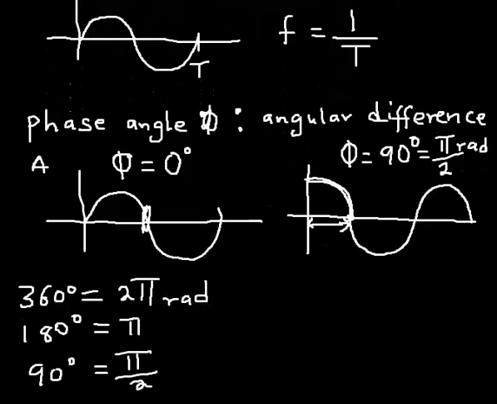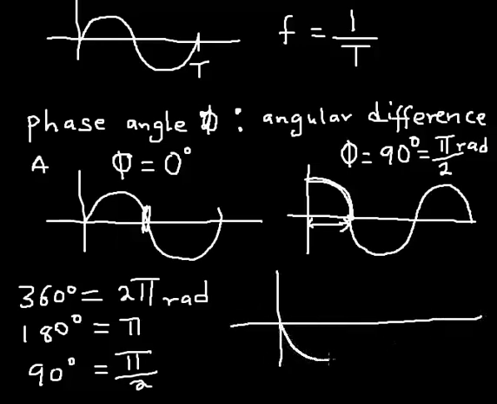So I hope that is well understood. What of this wave that actually started from the negative? You know very well a wave starts from the negative after it must have actually completed 180 degrees. So the phase angle of this wave is 180 degrees.